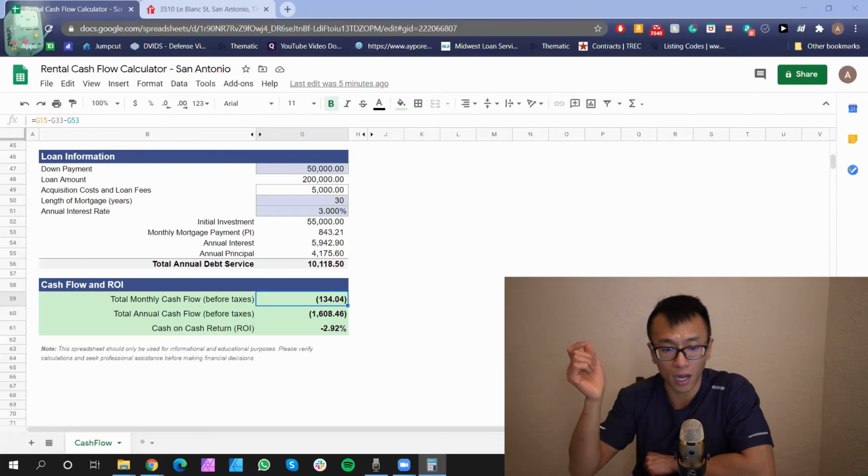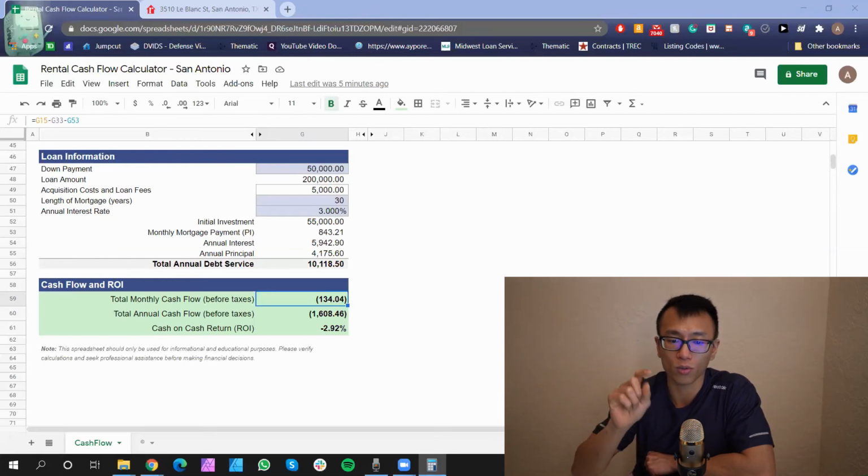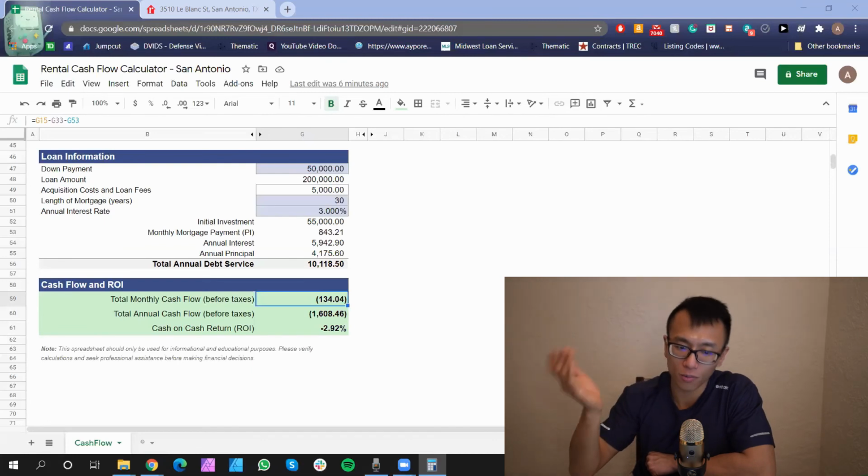But I'm doing the work as a landlord, right? I'd rather spend $134 per month to own a property instead of renting a room from another person who is using this strategy and paying him or her $500 per month so I could pay for his or her mortgage. So that's why it's a little bit cool to house hack.